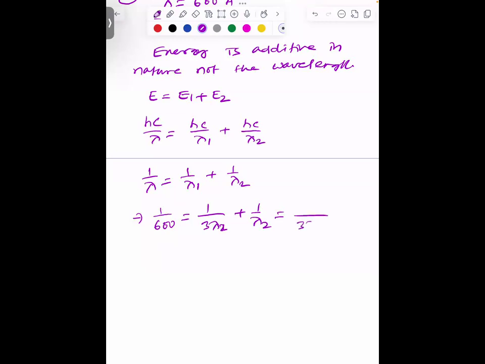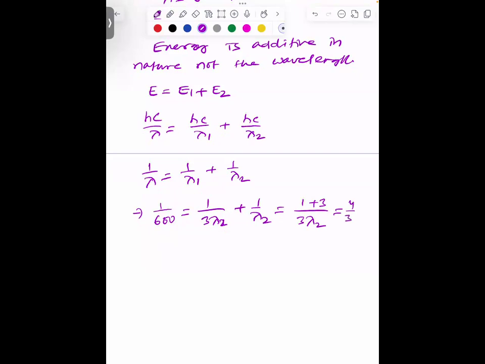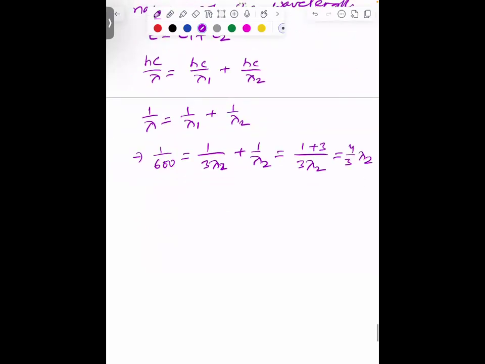So that is 1 plus 3, that is 4 by 3 lambda 2. So you can write 4 by 3 into 1 upon lambda 2. So lambda 2 is 4 by 3 into 600, that is 800 angstrom. So lambda 1, that is 3 lambda 2, is 2400 angstrom.